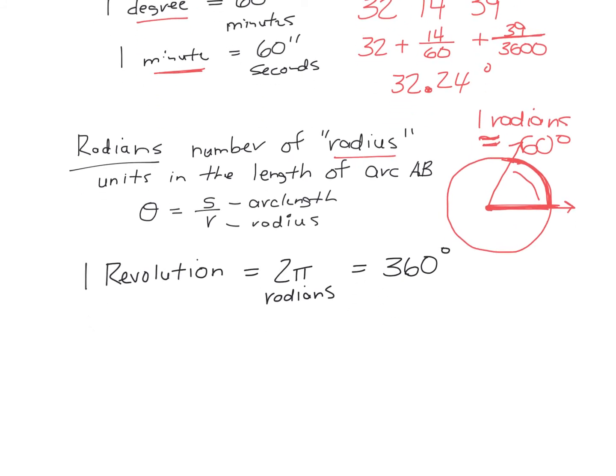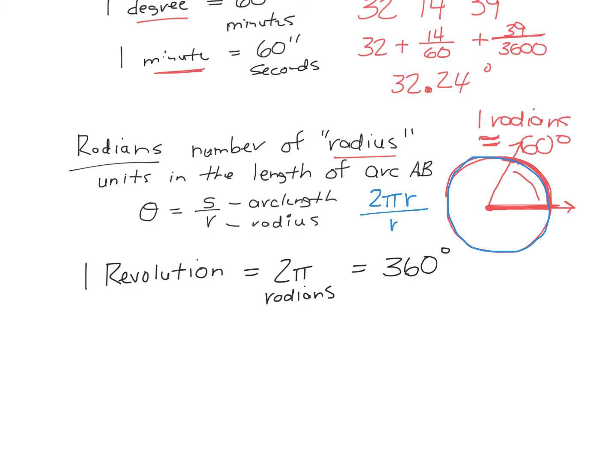Now, we can also define this as theta being the arc length divided by the radius. And if you think of an entire circle all the way around here, this arc length is the circumference of this circle. That circumference is defined as pi d or 2 pi r.